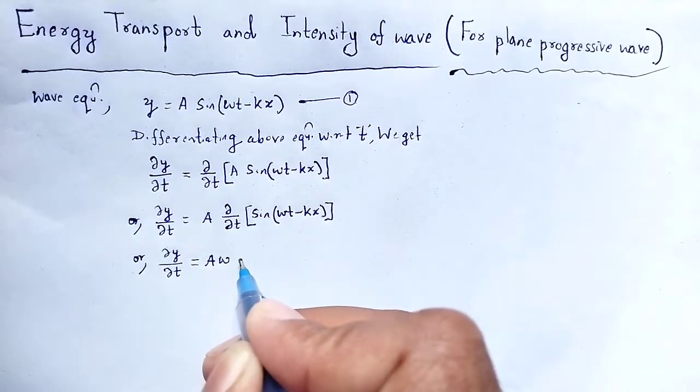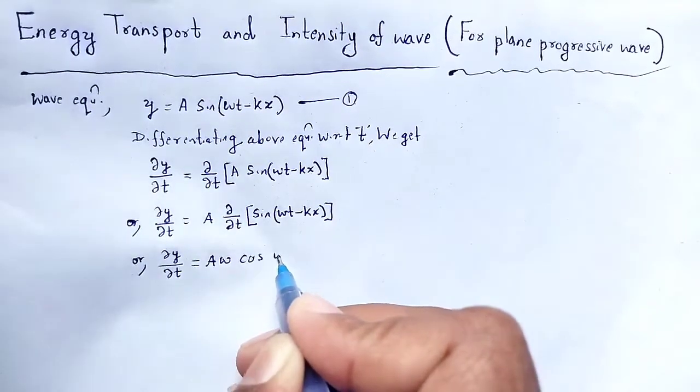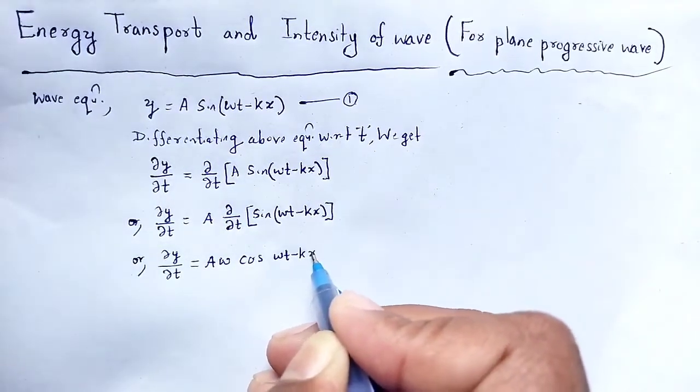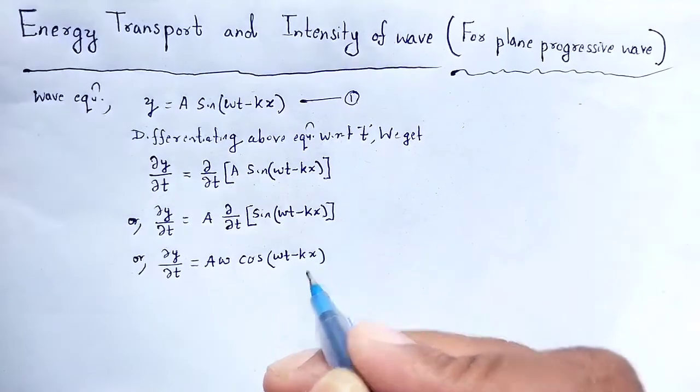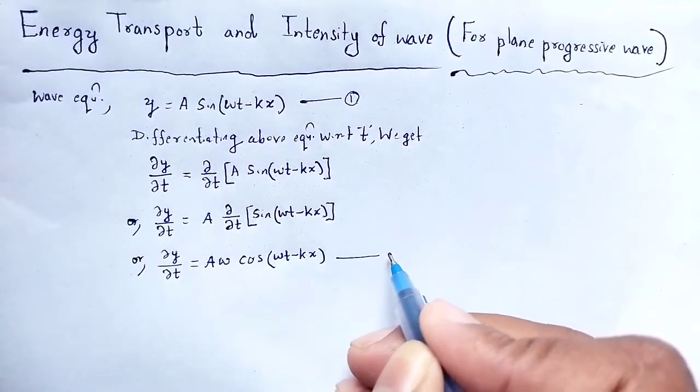So, del y by del t is equal to a omega cos(omega t minus kx), equation number 2.